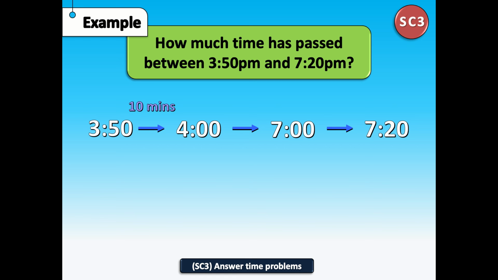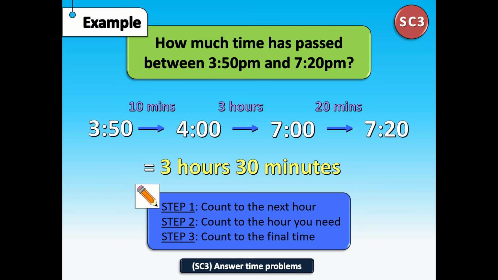So to go from 3:50 to 4 o'clock, we've got 10 minutes. To go from 4 o'clock to 7 o'clock, that's 3 hours. And to go from 7 o'clock to 7:20, that's 20 minutes. So if we add those together, we've got 3 hours and 30 minutes in total.